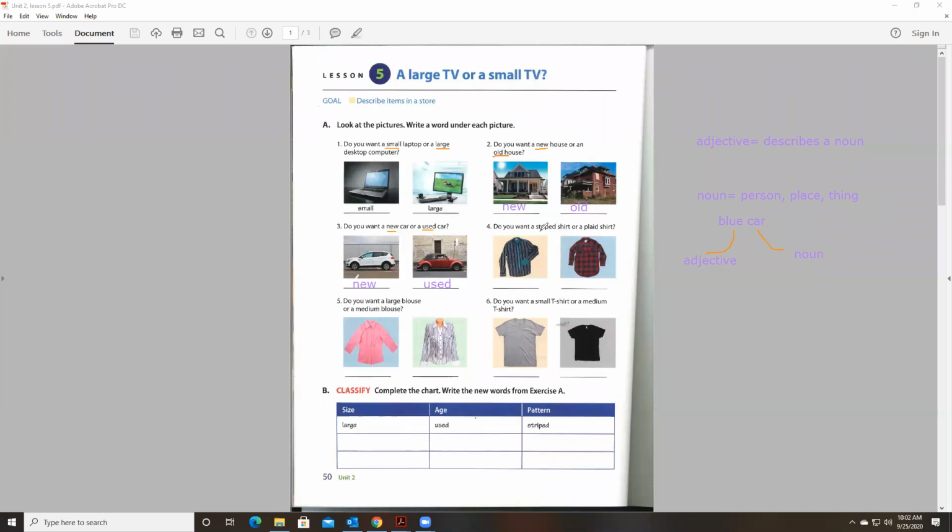That is your monthly weather alert coming in through the system, so it is not real. Okay, for shirts, it says, do you want a striped shirt or a plaid shirt? Okay, striped, con rayas. Plaid sería como cuadritos. El estampado sería cuadritos de colores.